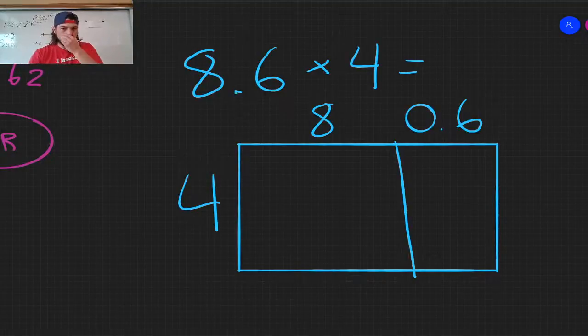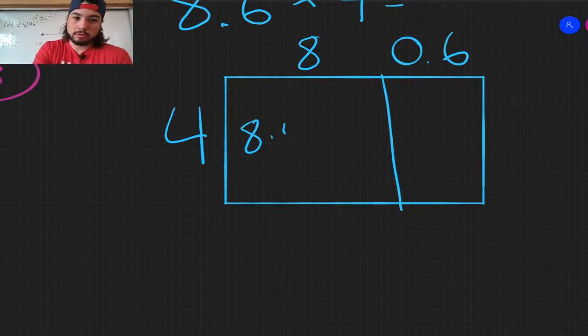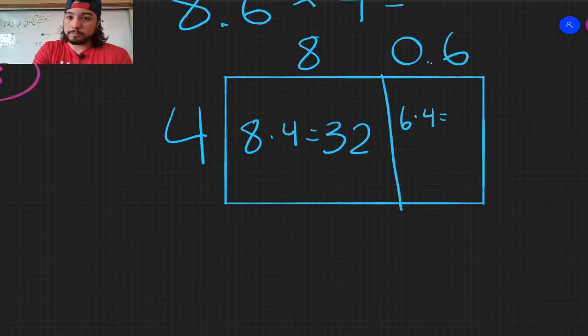All right, we're seeing in the chat 34 and 4/10 with a question mark. We're not sure about it, so let's check it, okay? 8 times 4 equals 32. 6/10 times 4. 6 times 4 equals 24.